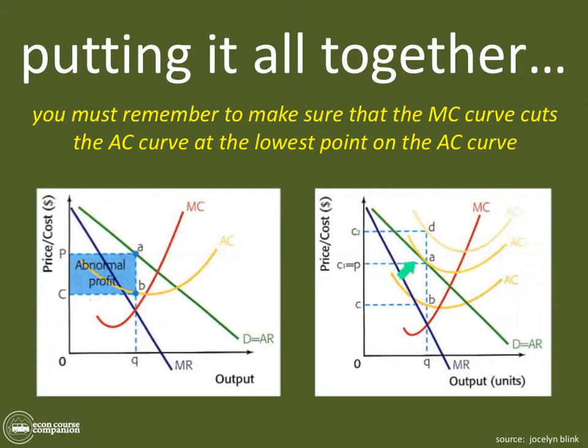That box right there would be, you guessed it, a loss. So that box is the loss. This box is abnormal profit, and the line between is normal profit.